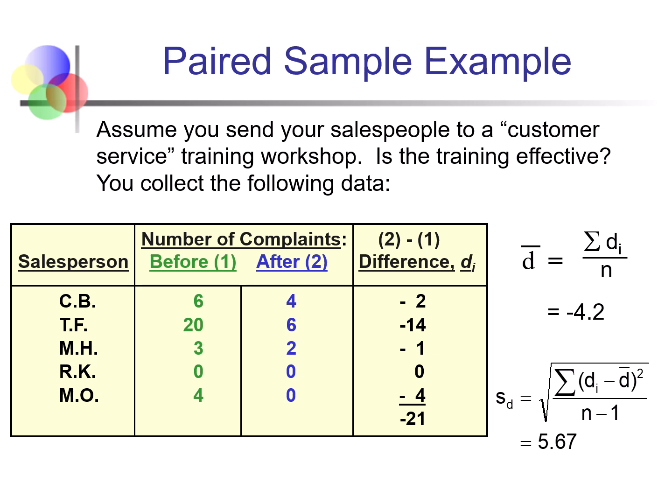It comes from -21 divided by 5, because there are 5 salespersons. And then SD comes from di, the difference for each salesperson minus the mean, and then all squared, and then summed and divided by n minus 1. If we take the square root of this, we will get SD equals 5.67.